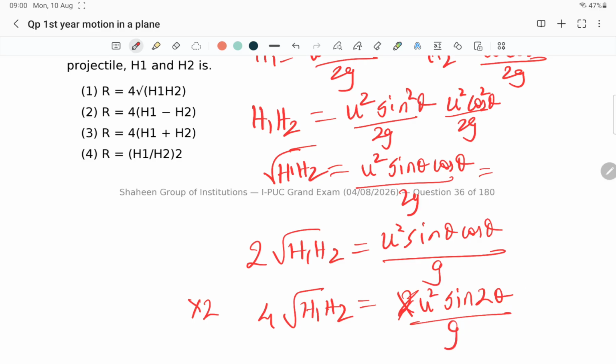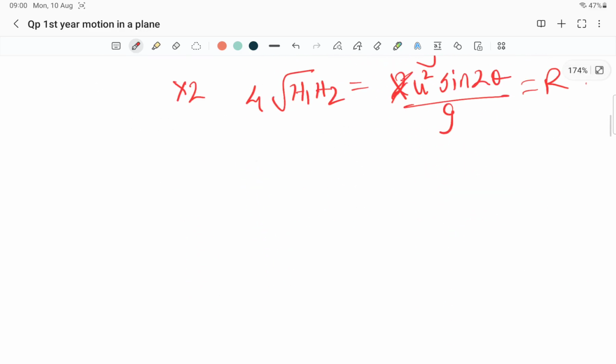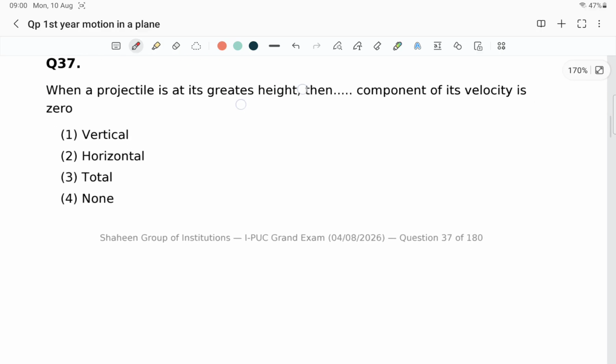U square sine 2 theta by g, that is nothing but r. So from this you get the relation, r equals 4 root h1 h2 is the answer. So this was a typical one. I hope you have understood. You just had to bring r formula in it.